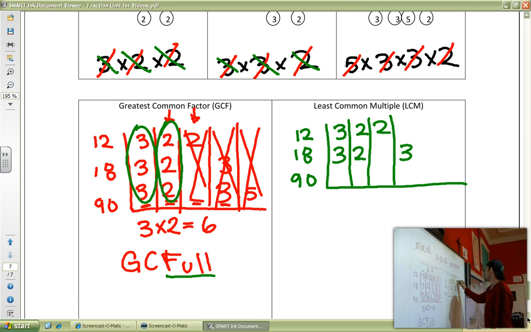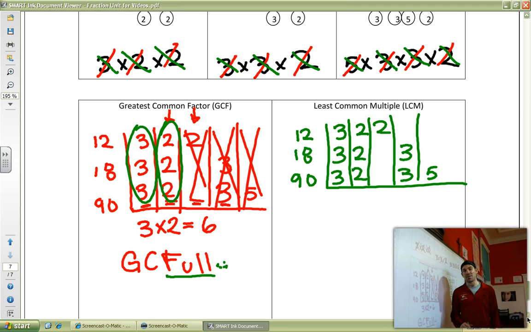We're up to 90. There's nothing for the 5, so I'm going to put it down here. Cross it out. I'm going to cross out that 3, fit it in. Cross out this 3, fit it into the first available column for the right number. Get this 2, I'm going to fit it in. All right. Remember down here, down there, down there, down there, greatest common full.